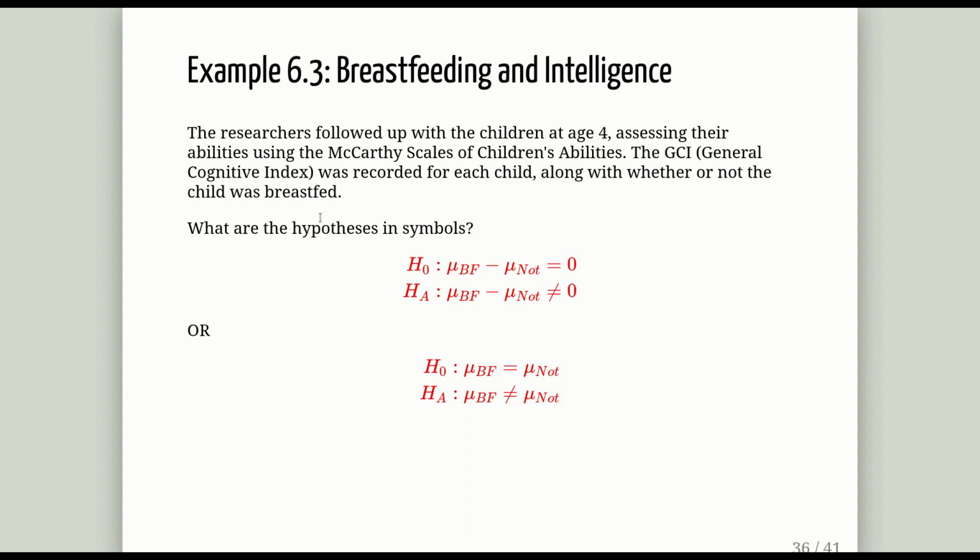So this is very similar to chapter 5, but again, make sure you're using mu because this is a quantitative variable, instead of using pi, which would be appropriate for categorical data that is summarized as a proportion.